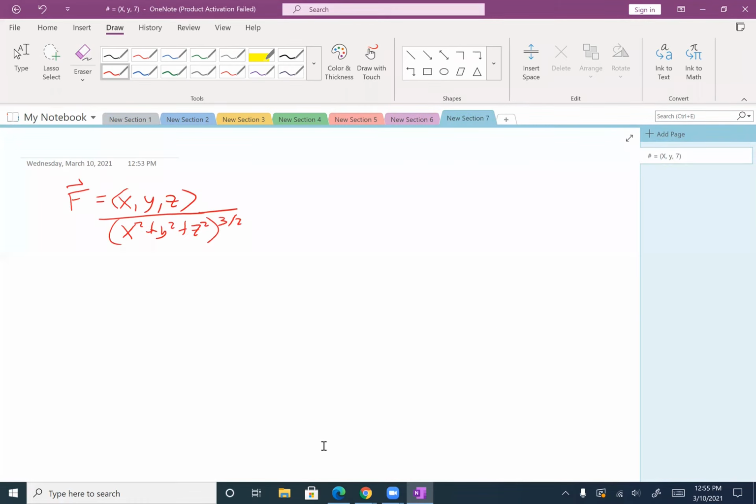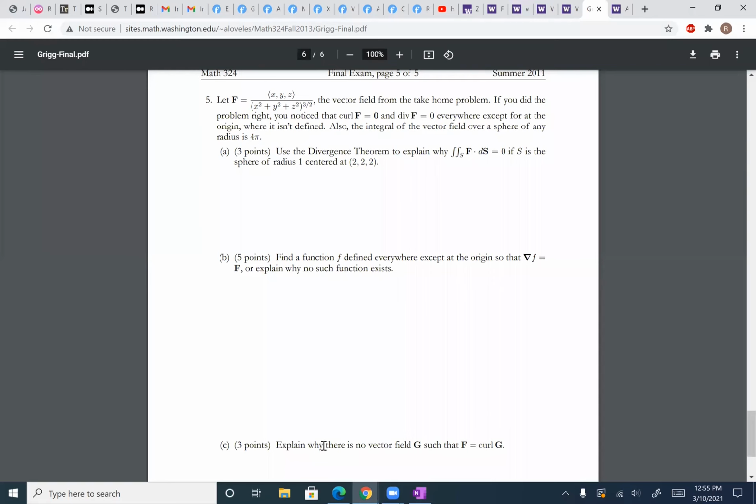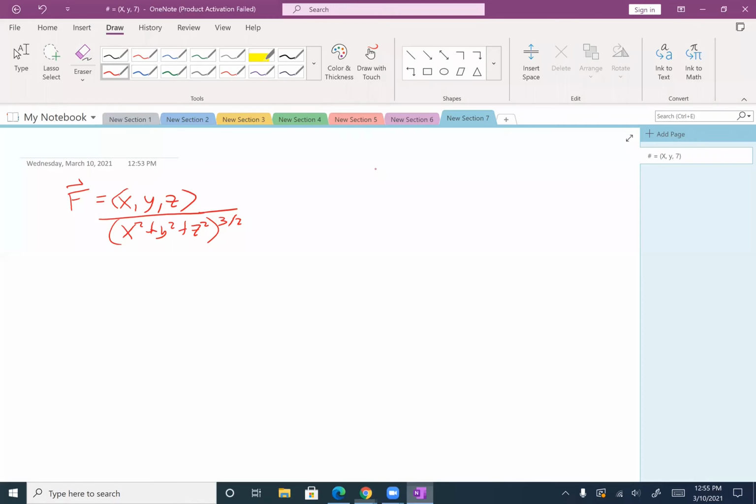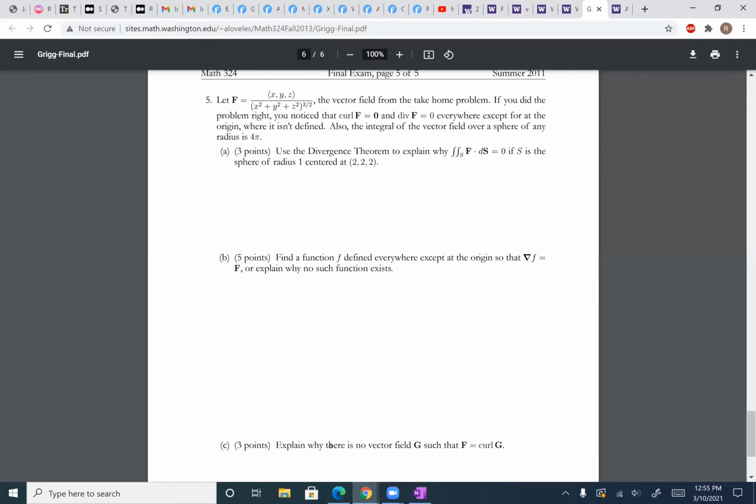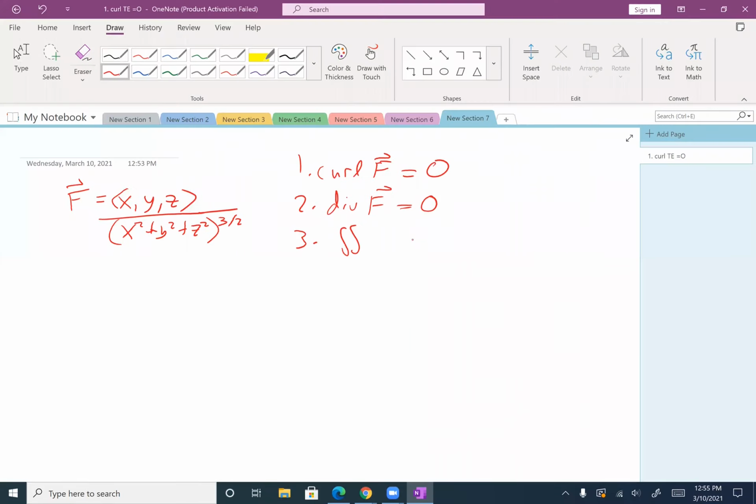What we're looking at here is, there's a lot of stuff going on in this problem. So one claims that the curl of this thing is 0. Another is that the divergence of this is 0. And apparently, what's going on is the flux integral is actually 0.